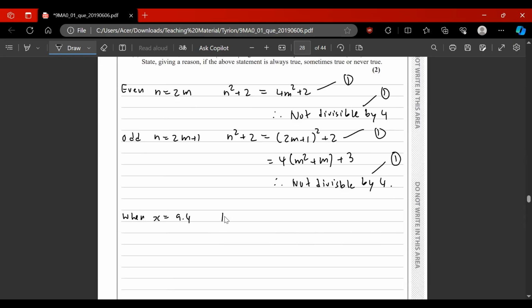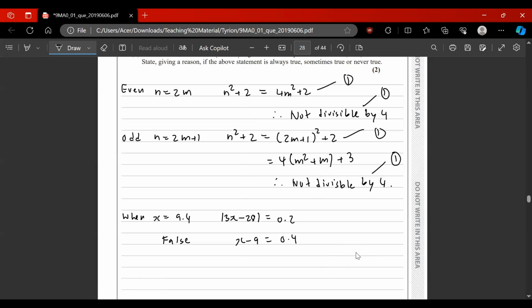So for this 3x minus 28, if you put in x equals 9.4, you will get 0.2. And when you put in 9.4 for x minus 9, you will get 0.4. So in this case, you can see that 0.2 is less than 0.4. So therefore, this is going to be false. And that's for our first case.